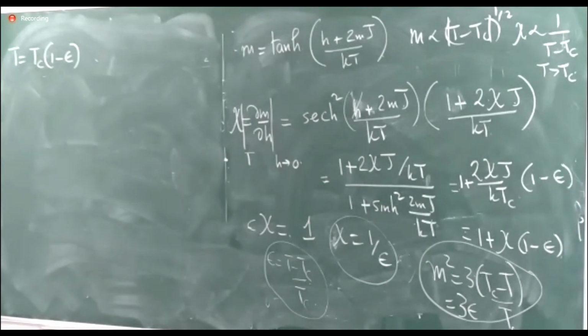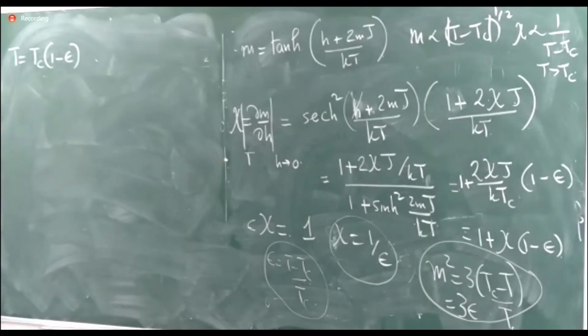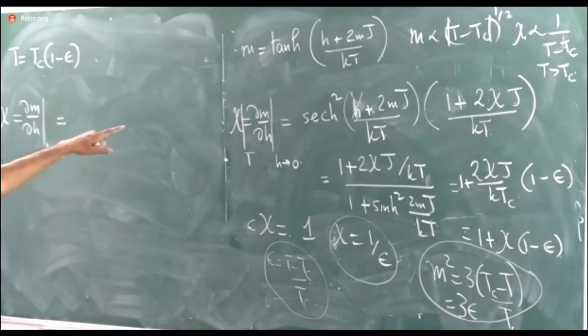has to be found, and it has to be the same statement as over here, that chi is going to be equal to ∂m/∂h, for h tending to 0, and this is equal to sech squared.